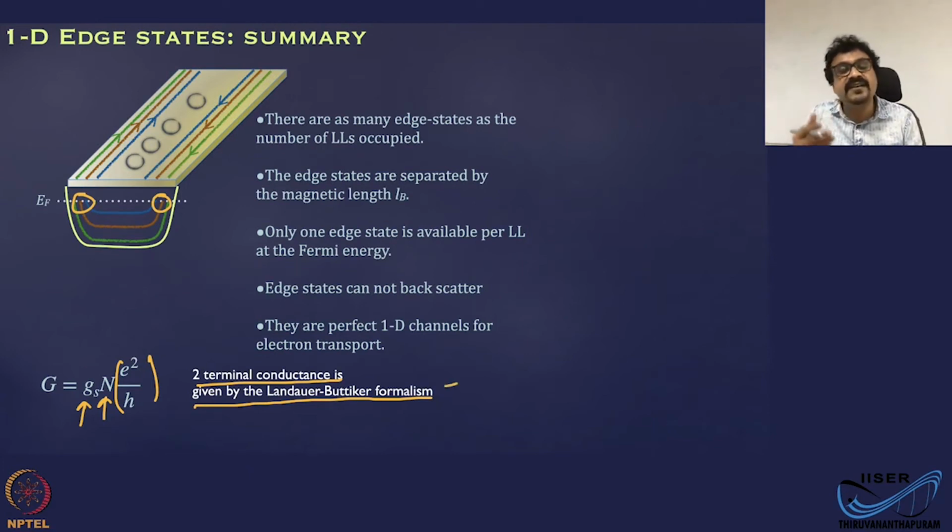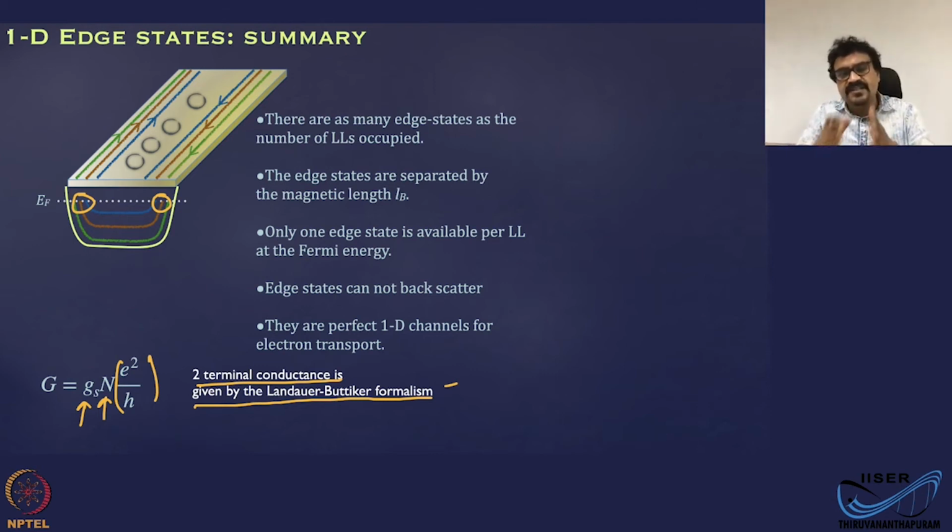So these edge states are reflectionless perfect 1D channels, because along one edge it goes in one direction, and along the other edge it comes back in the other direction. So they cannot reflect here. The reflection or backscattering would have to happen along the other edge.